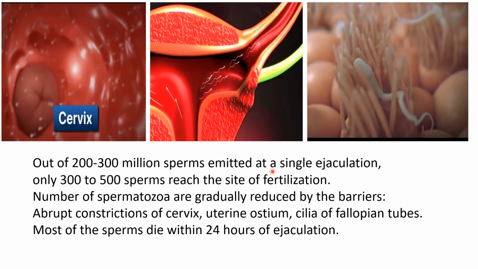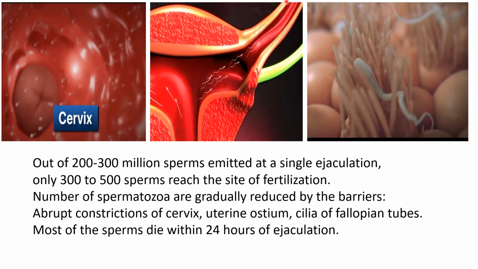At the time of ejaculation, about 200 to 300 million sperms are emitted, and these 200 to 300 million sperms have to travel through the female genital tract. So when they are traveling, most of the sperms are obstructed by the constriction of the cervix in the form of internal os.